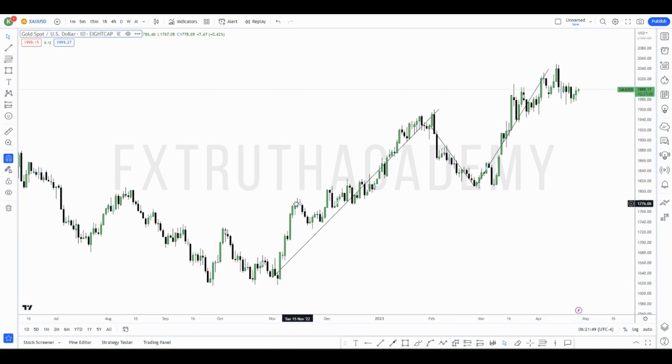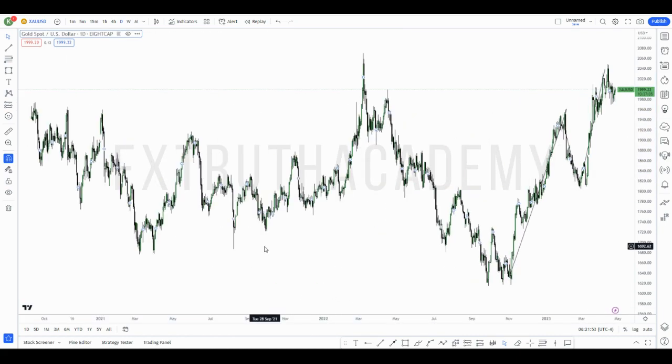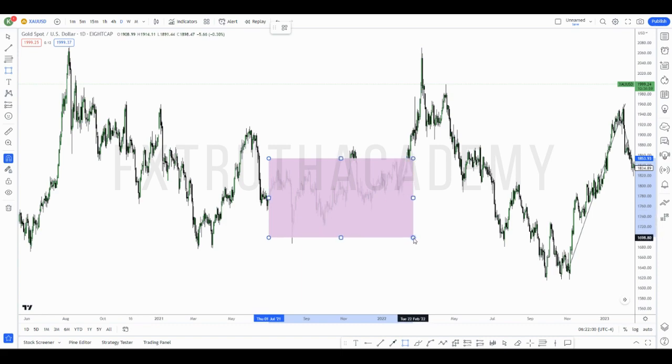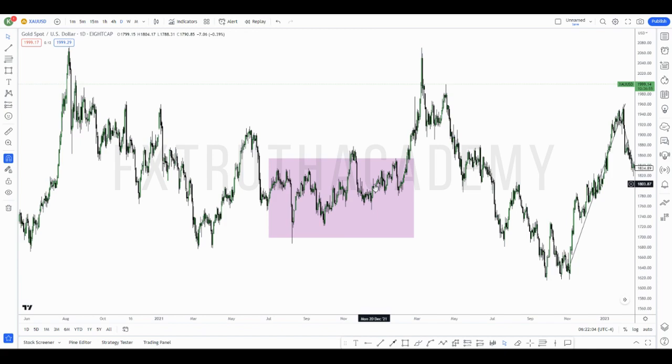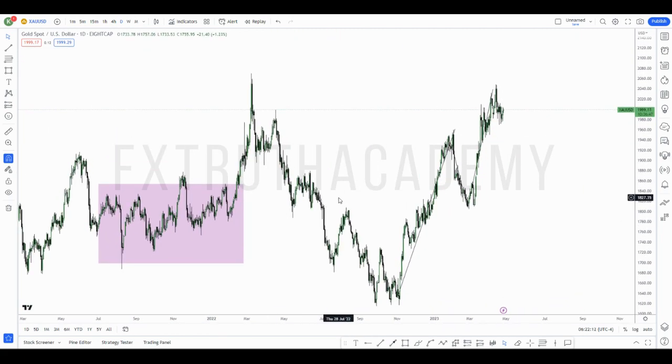You know what I'm saying? You don't want to be in a consolidating market. A consolidating market will be somewhat like, let's see, right here is what a consolidating market looks like. So you don't want to be in markets like this. You want to avoid market conditions like this, consolidating markets. You want to stay in trending markets. Then you can catch good swing trades.